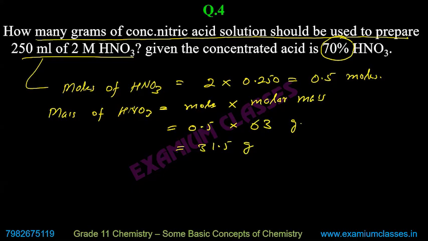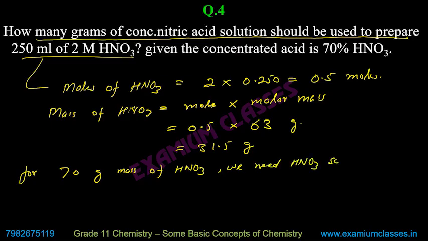But according to the concentration, 70% HNO3 means 70 grams of HNO3 will be there if the total solution is 100 grams.